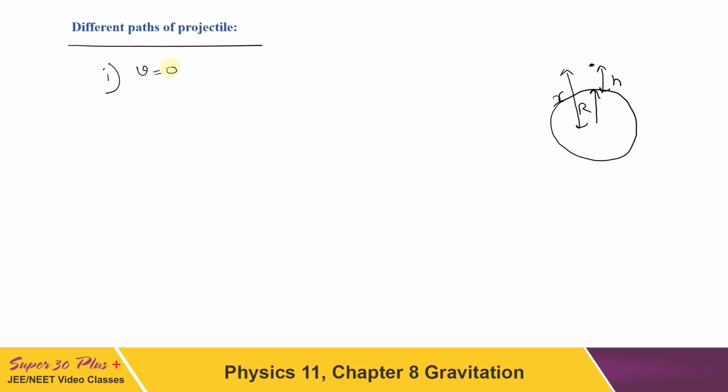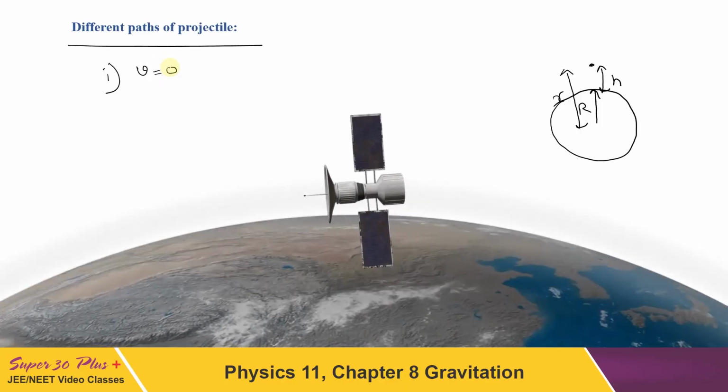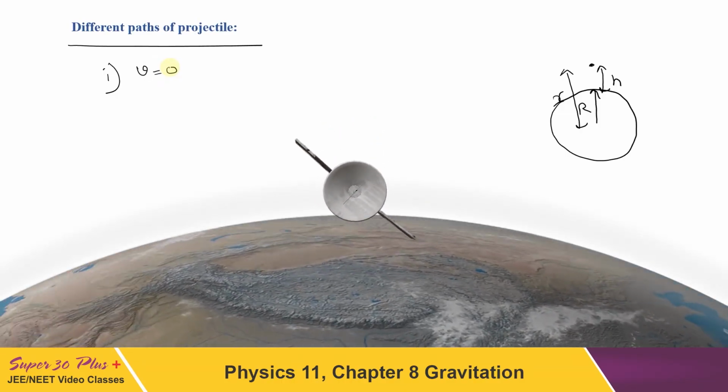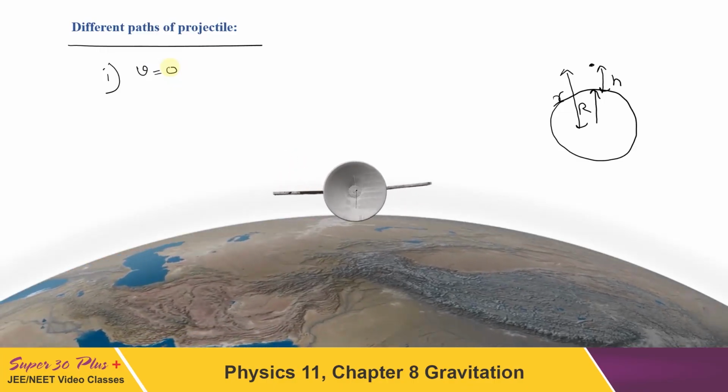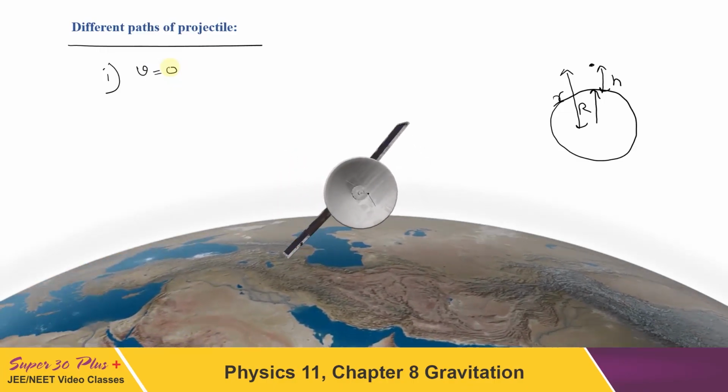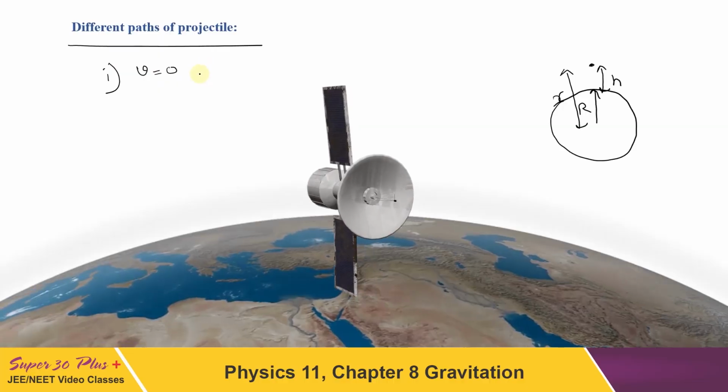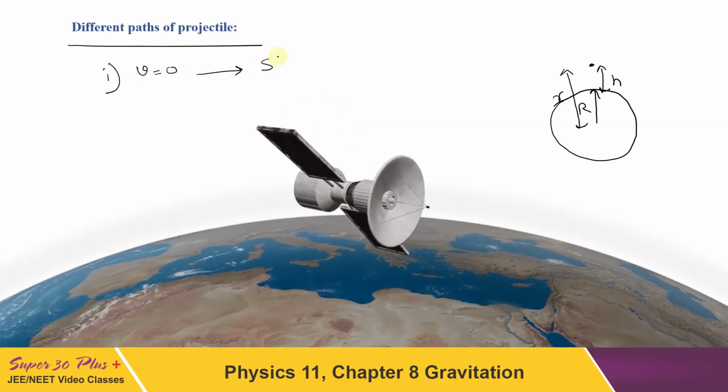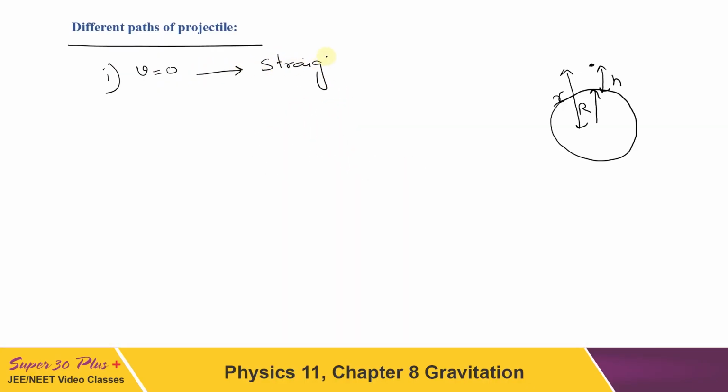Then of course the satellite will move towards Earth's surface, and the motion will be in a straight line with variable acceleration. So the motion will be in a straight line towards the center of Earth, and it will fall at the surface of Earth.